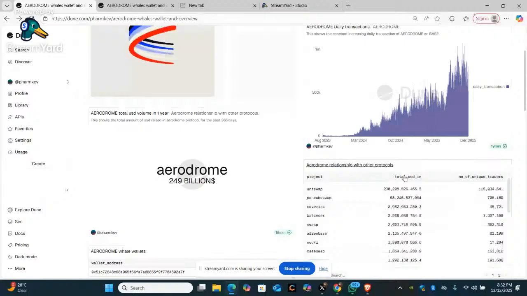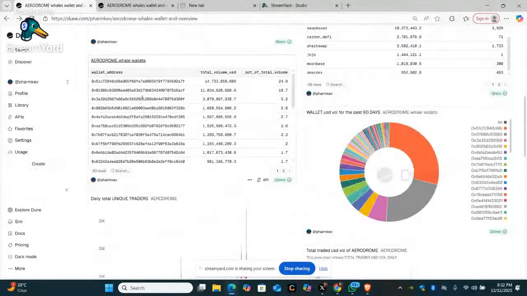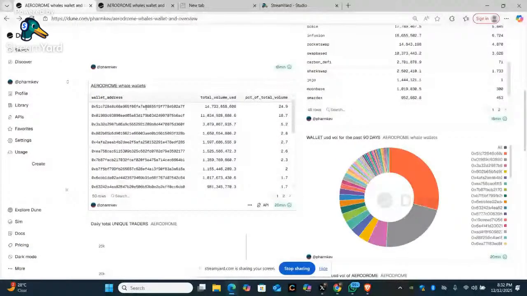Okay, so this again, like I said, because I'm just doing a rundown, gave us a percentage of wallets holding the majority, providing the highest liquidity in the DEX, in the protocol.